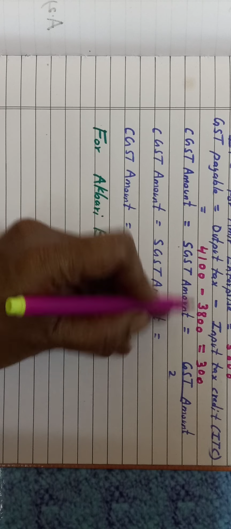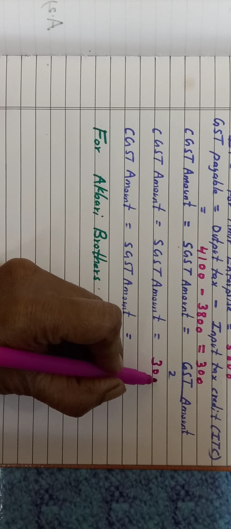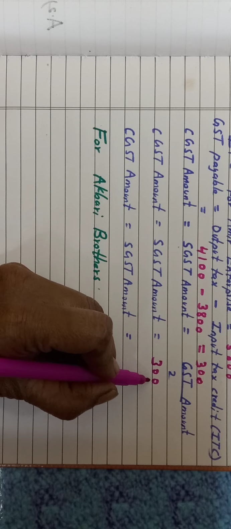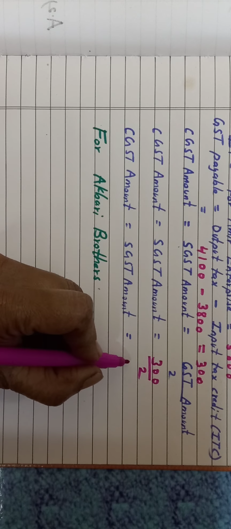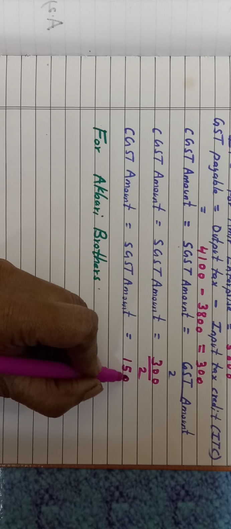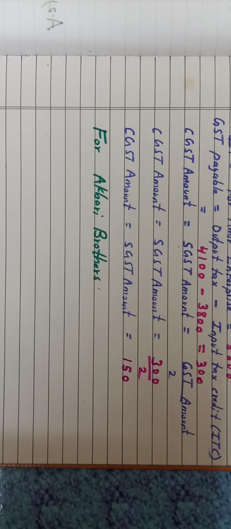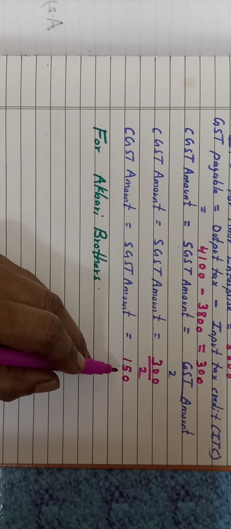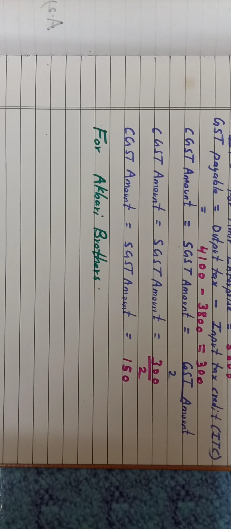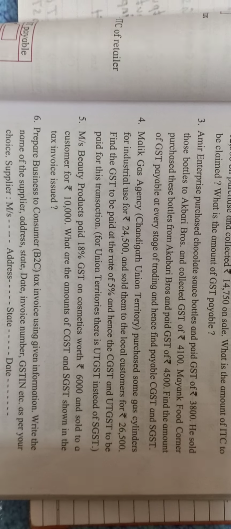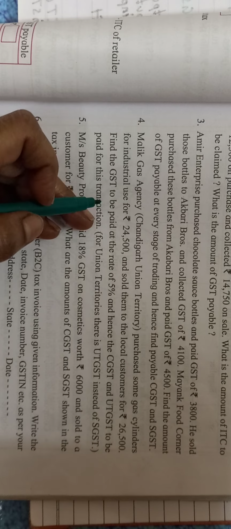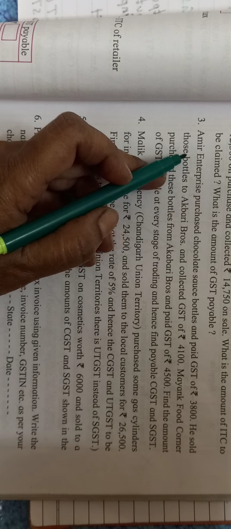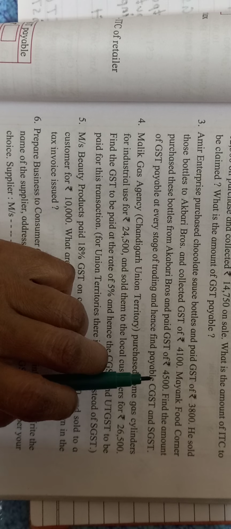So we'll write 300 upon 2. 300 upon 2 is 150. CGST and SGST, both the amounts are the same. So it is 150. Now for Amir Enterprise we completed everything.